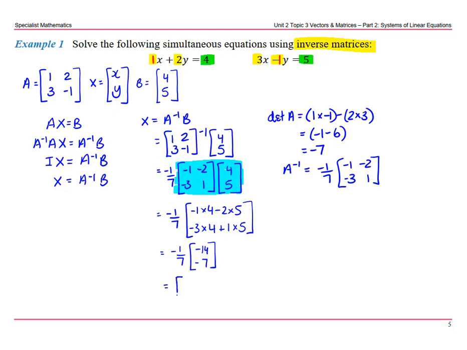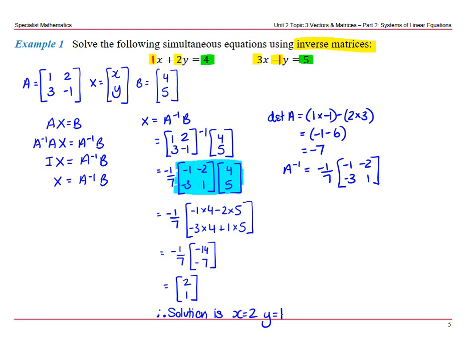So that gives us negative 1 over 7 times negative 14 is 2. Negative 1 over 7 times negative 7 is 1. So always remember to multiply by that scalar last. Leave that negative 1 over 7 till the end. State your solution. Therefore, solution is x equals 2, y equals 1.